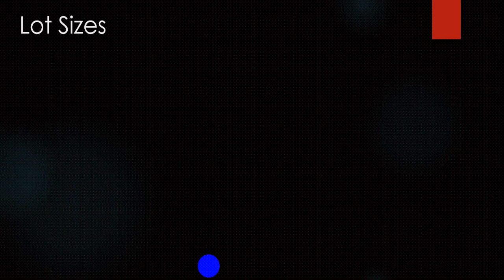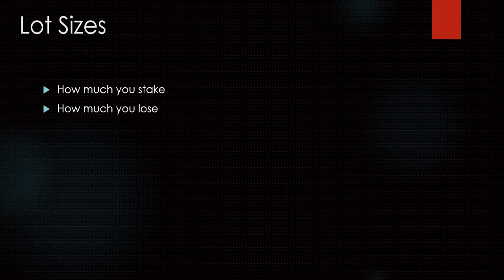And then if you stake big amounts, you win big, but when the losses come, you also lose very big. So lot sizes refer to how much you stake, and they determine how much you gain and how much you lose.